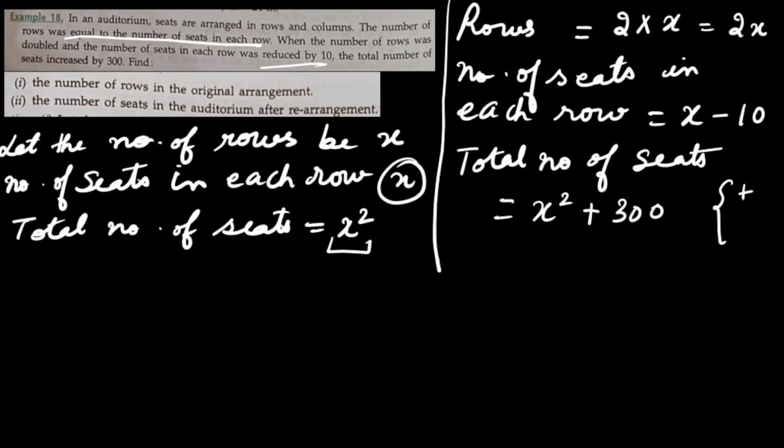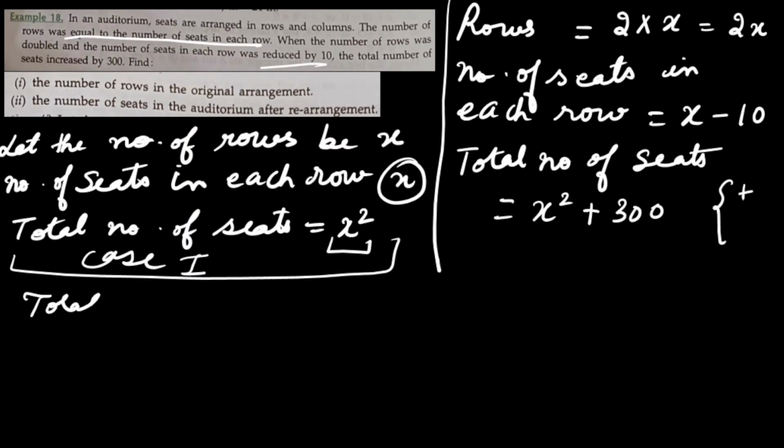We have to find the number of rows in the original. This is case one and this is case two. Using this, we can find the total number of seats.